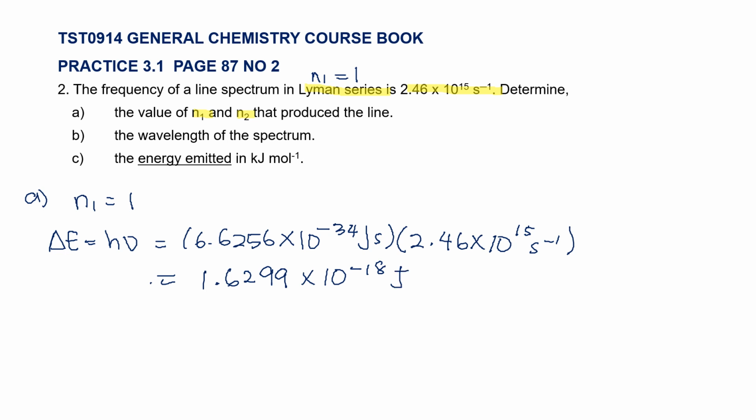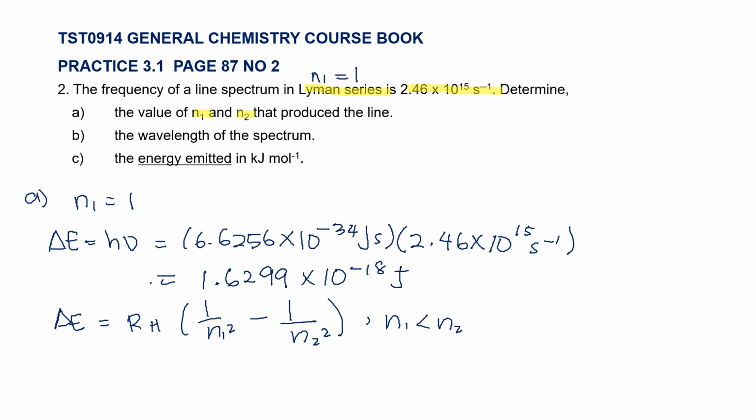From the value of energy, we can use the formula delta E equals RH times 1 over N1 squared minus 1 over N2 squared, where N1 must be less than N2.